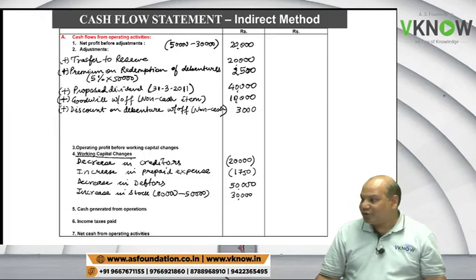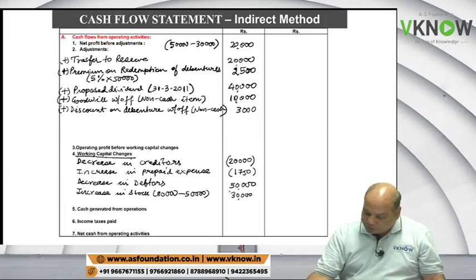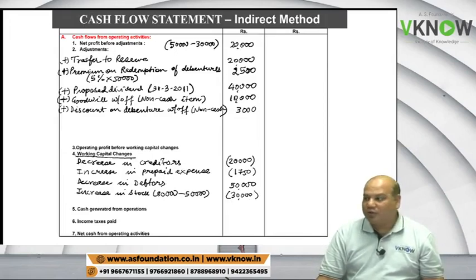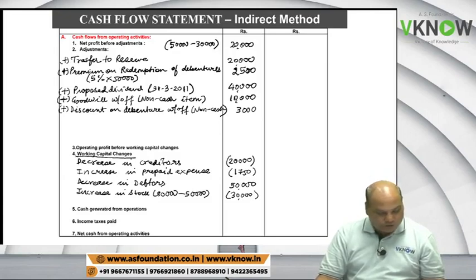So the answer is, increase in current asset is decrease in cash flow. Most of you are right. Next item, cash and bank.